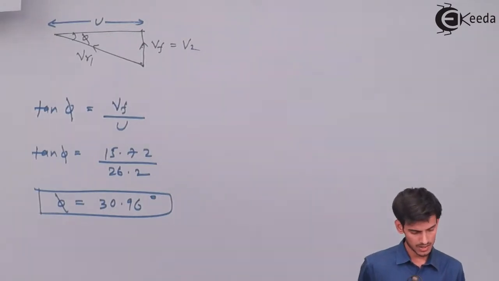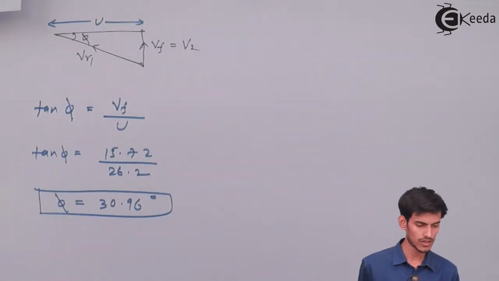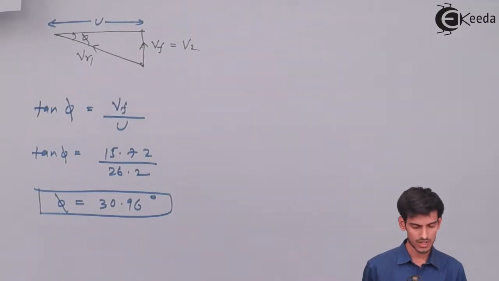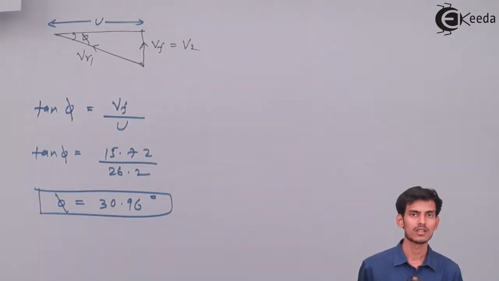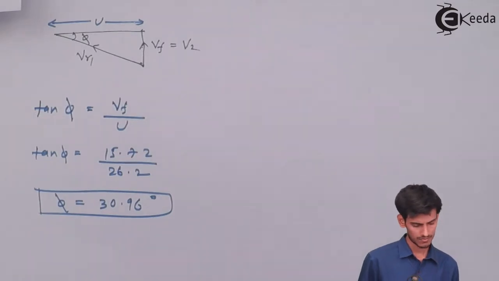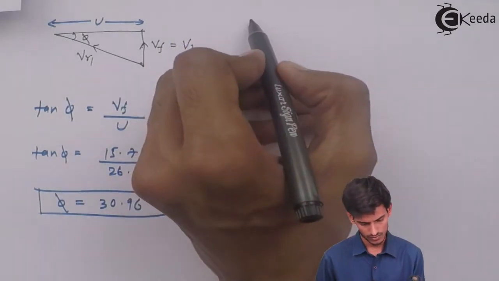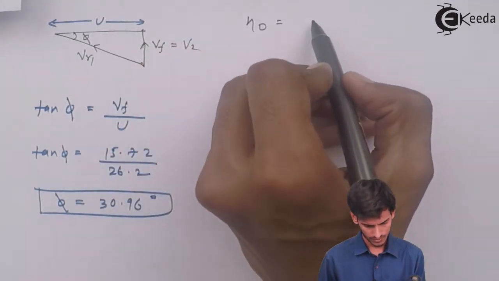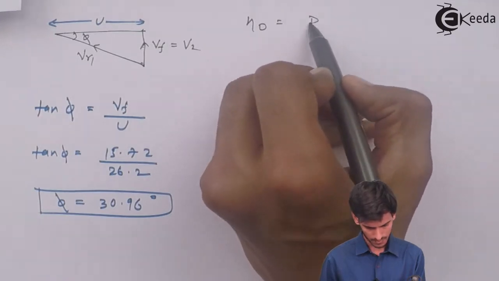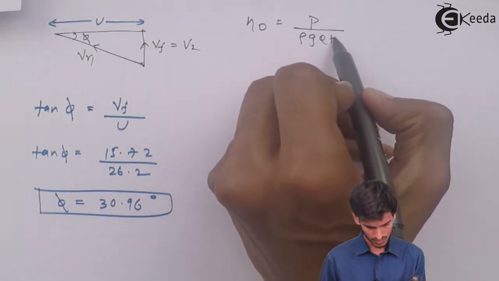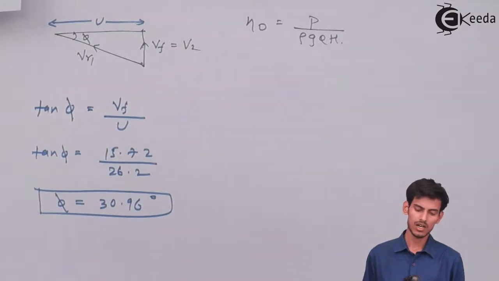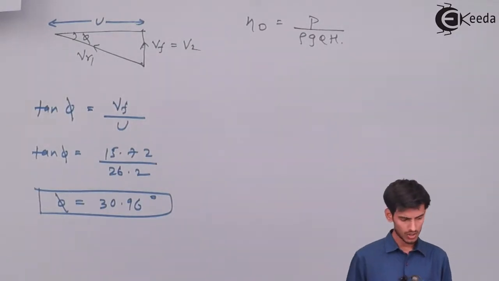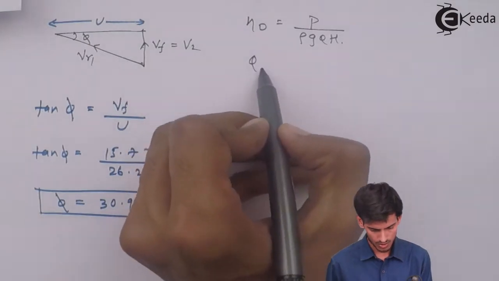Now the last part is that the question is asking about the value of width at the outlet. Before going on to width, let's calculate the discharge first. Since we know the overall efficiency, let's calculate the discharge using the overall efficiency formula. Overall efficiency is nothing but the power output upon ρgQH. The overall efficiency is given, the Q value is unknown.